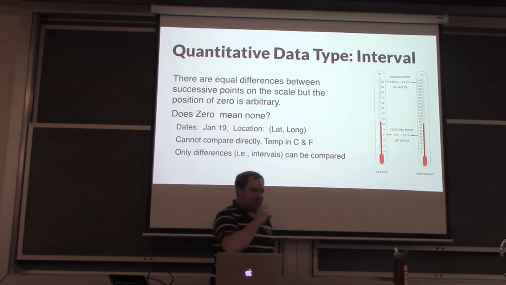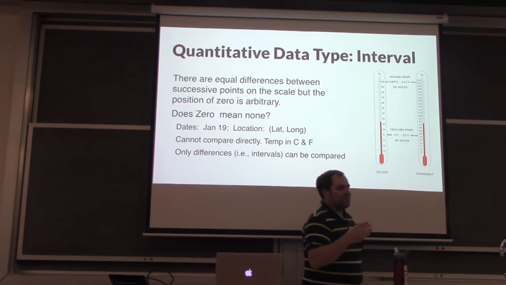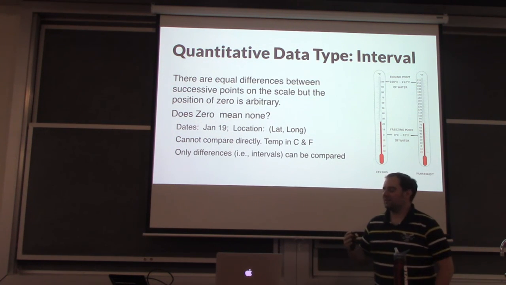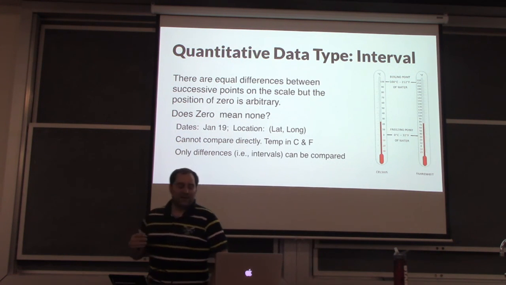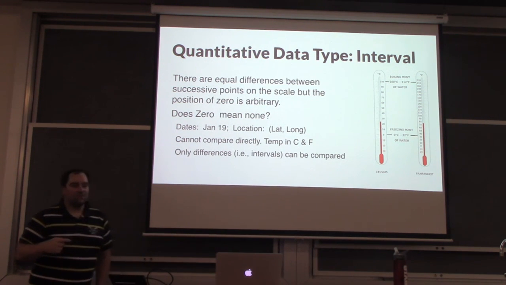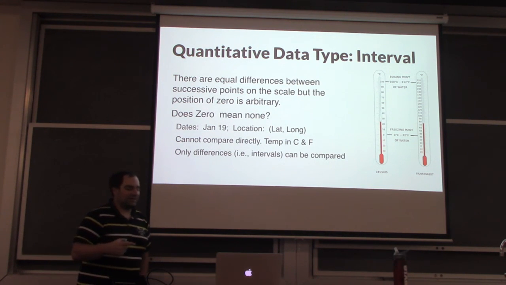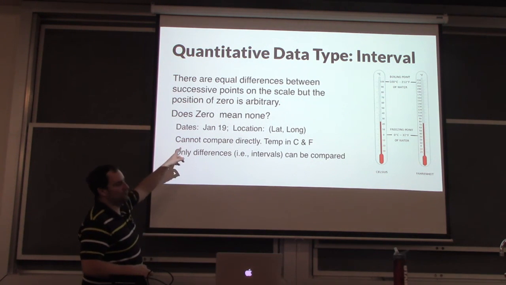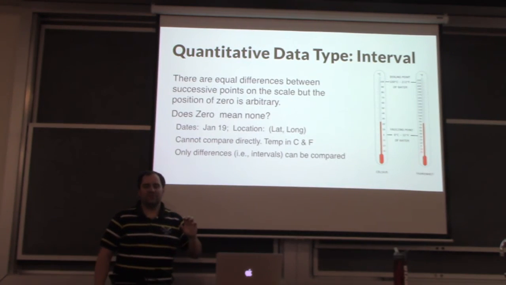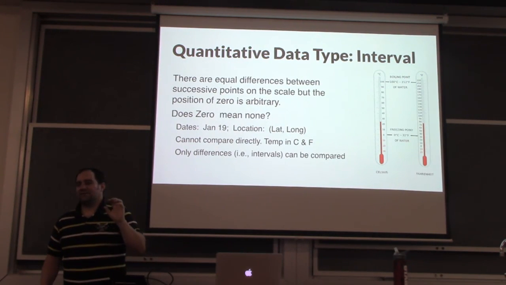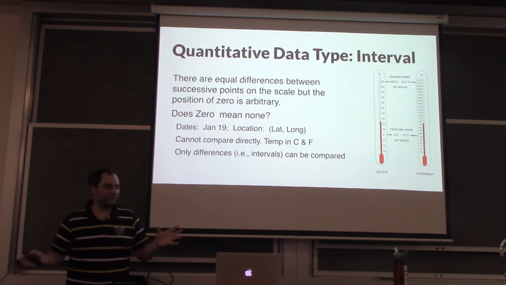For quantitative data, there is a further distinction between interval and ratio data, and that is something that is not immediately intuitive. The main question that you can ask yourself if you look at data and want to understand whether it's interval data is, does 0 mean none? Like if we have 0 degrees Fahrenheit, we don't have no temperature. It's just some preconceived convention.